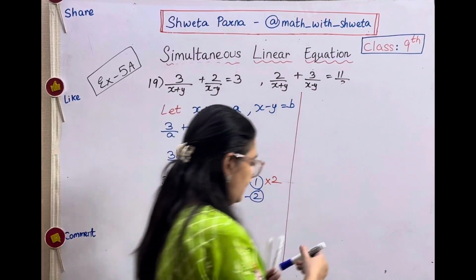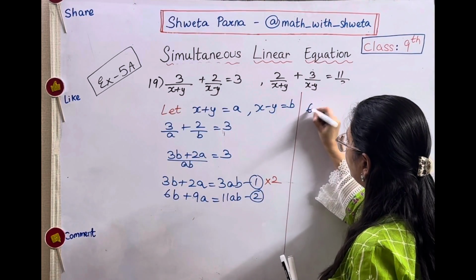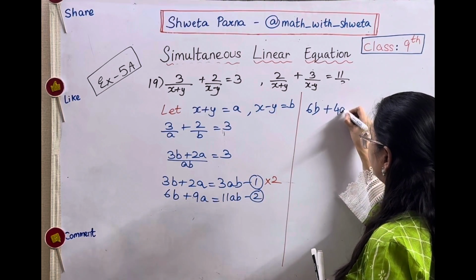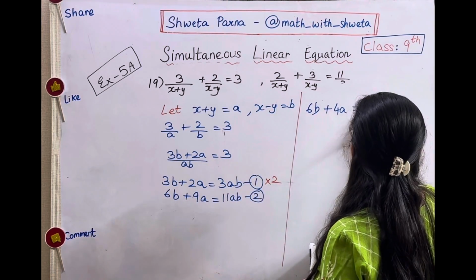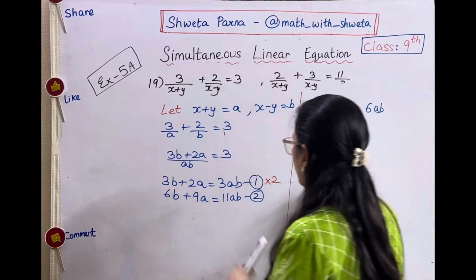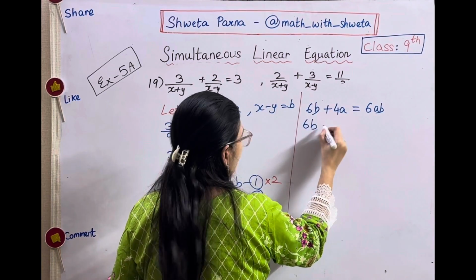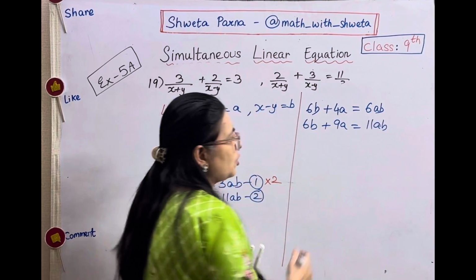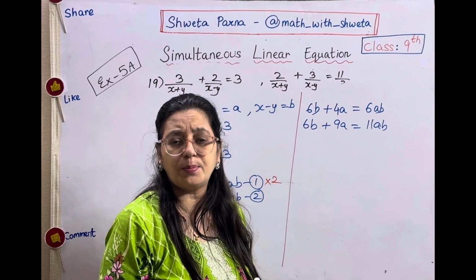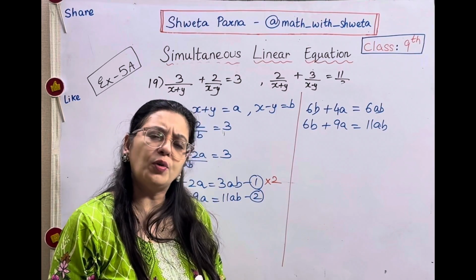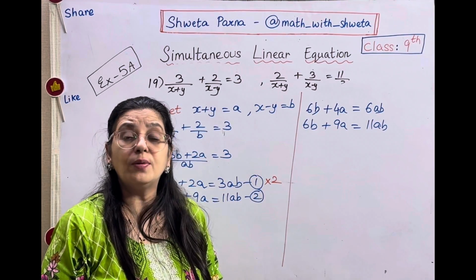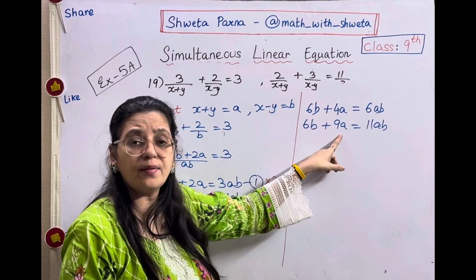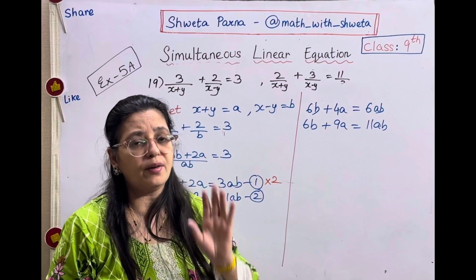3B into 2 is 6B. 2A into 2 is 4A is equal to 6AB. And 6B plus 9A is equal to 11AB. Now children, can you eliminate 6B and 6B? No, you can't. So you will have to subtract it. Always remember, when both the terms have the same sign, you will have to subtract.